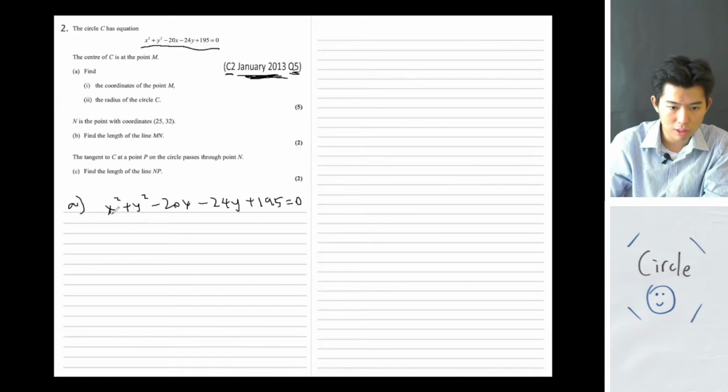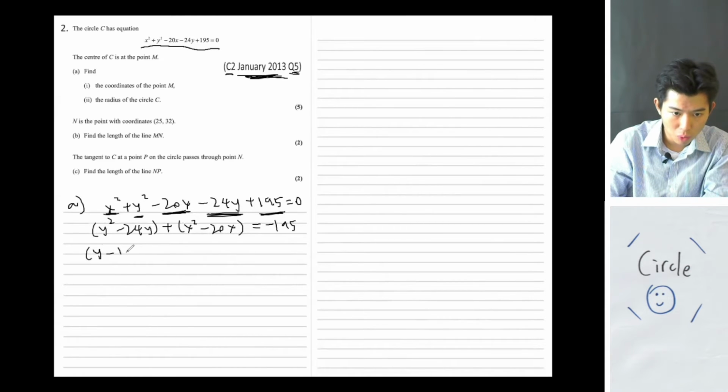And we have to separate this, move the constant to the right, and the values sticking with the y, which is y squared and minus 24y, I'm gonna put in one bracket, plus the other, x squared minus 20x, the values sticking with the x, in the other bracket, equals minus 195. (y - 12) squared, because this value here divided by 2 will be minus 12, minus (-12) squared, and that's it for this thing here.